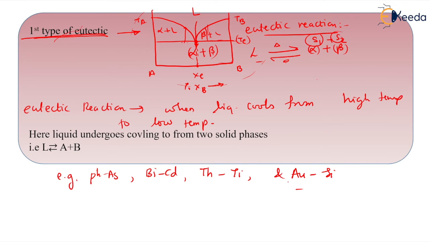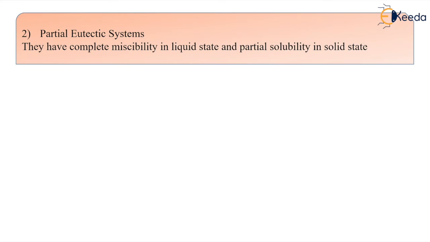So these are the elements or phase diagrams which have this first type eutectic system. Then the second type, as we already saw, is known as the partial eutectic system.